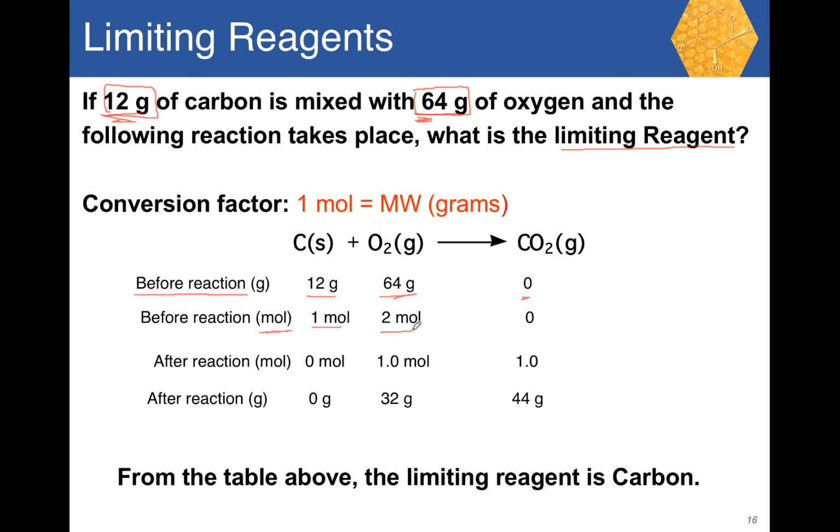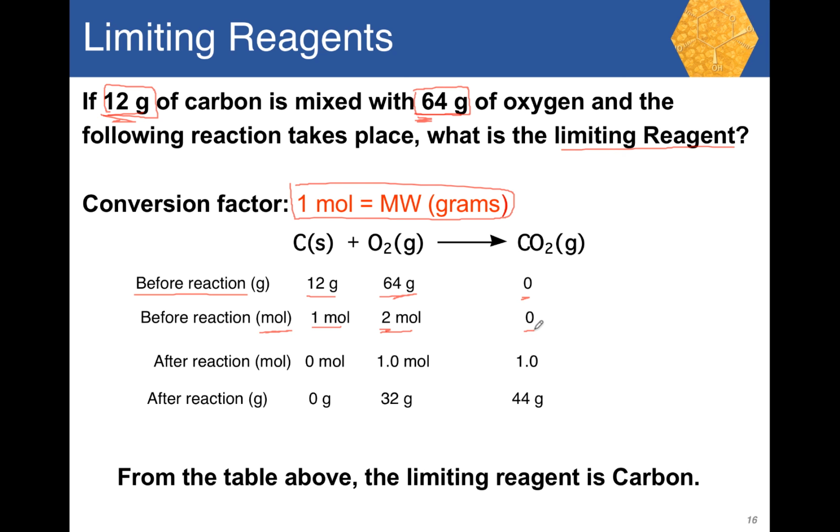I hope you remember how to convert grams to moles. Here is our conversion unit here. 1 mole of anything, carbon, is equal to the molecular weight of carbon expressed in grams. So we get here 1 mole of carbon and 2 moles of oxygen from 64 grams.